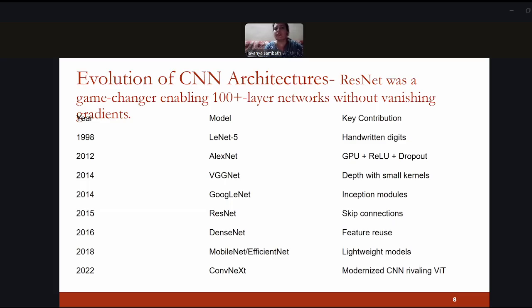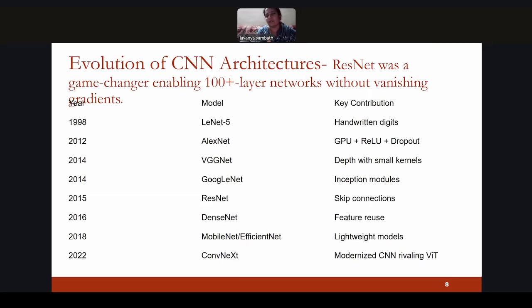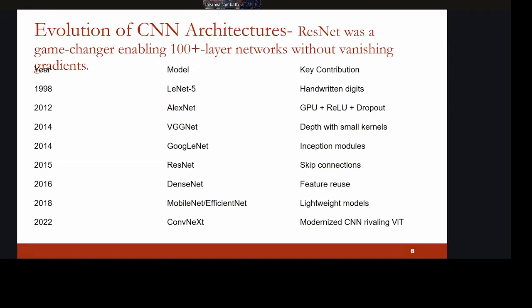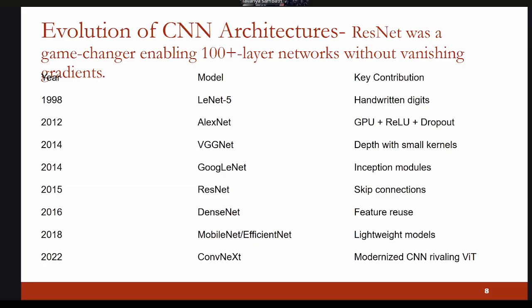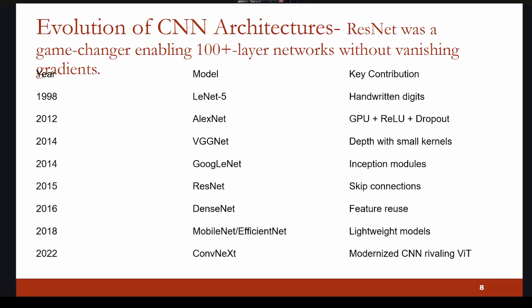AlexNet, VGGNet, GoogleNet, ResNet, all these architectures were introduced for ImageNet dataset classification competitions. So many competitions are held yearly, and during those competitions, people came up with different architectures which performed well for that ImageNet classification, the ImageNet dataset.